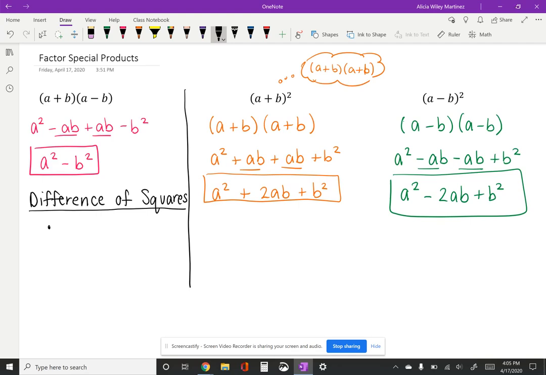First of all, it will be two terms. So it'll be a binomial. There will be a minus in between. And the reason why they call it squares is because both of these terms will be what we call perfect squares. Okay, so both terms are perfect squares.